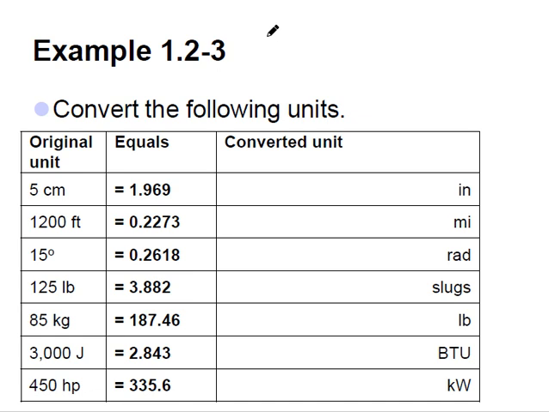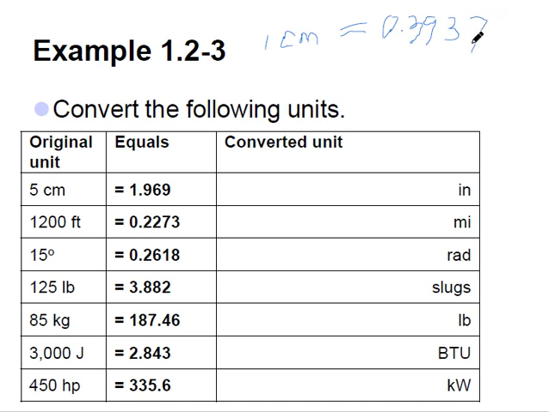So we know that 1 centimeter, writing is not very good, but I'll try, is equal to about 0.3. Go back to previous slides, and you can extract all these conversion factors.